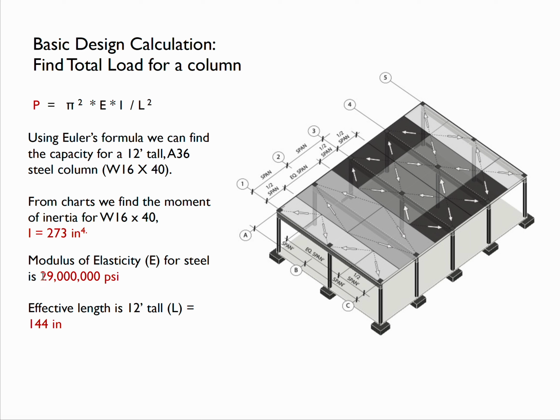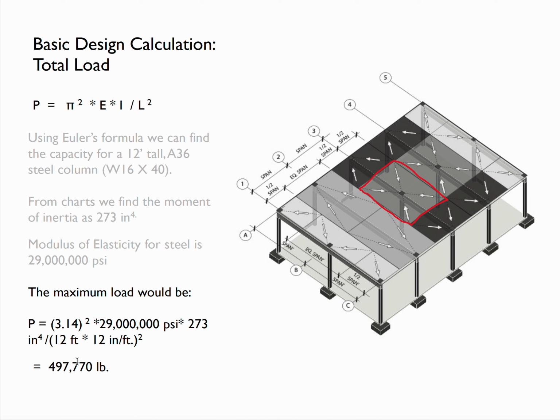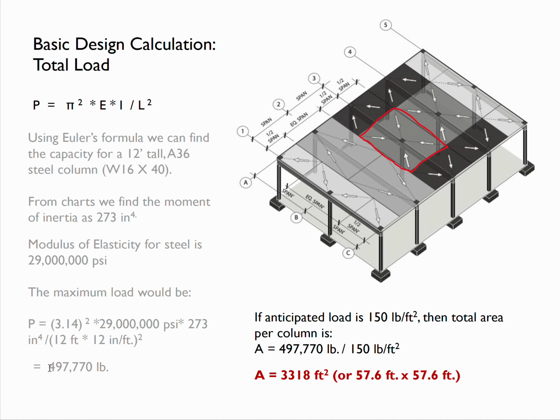Because it's steel, we could find out its modulus of elasticity, and its effective length then is 12 feet tall, so we can also then establish what that is. The maximum load, so I've identified the area where we'd have the maximum load, P, just substituting those other factors into the formula, would be 497,770.